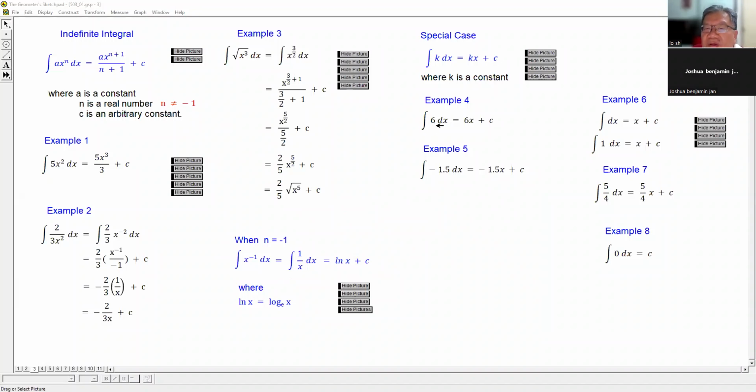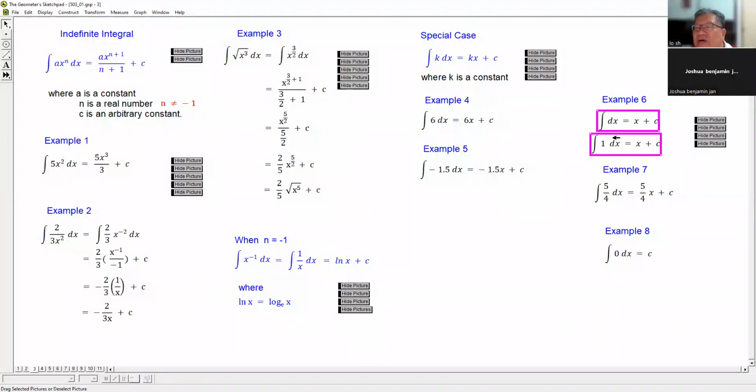Example, if you integrate 6 dx, it will be 6x plus c. If you integrate negative 1.5 dx, it will be negative 1.5x plus c. If there's no number in front of the x, it means that the number is 1, so you integrate 1 and it becomes 1x plus c.